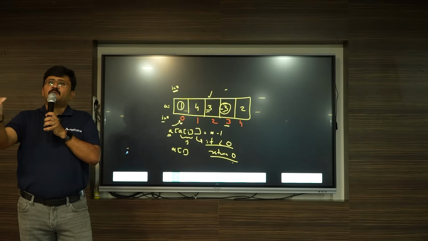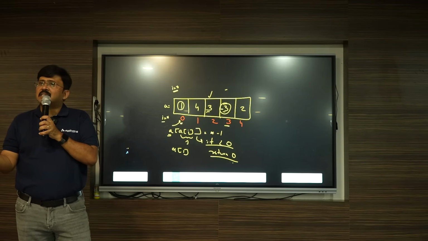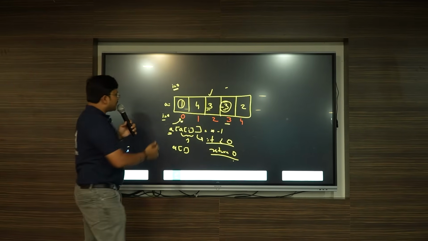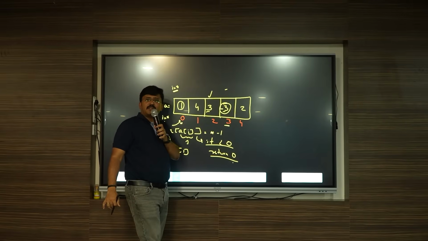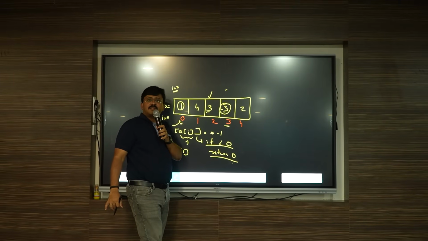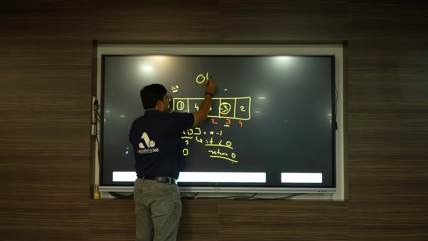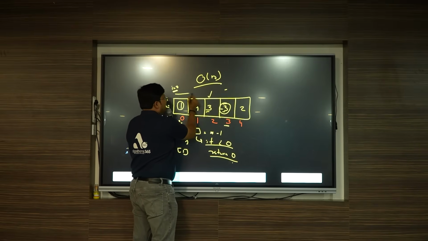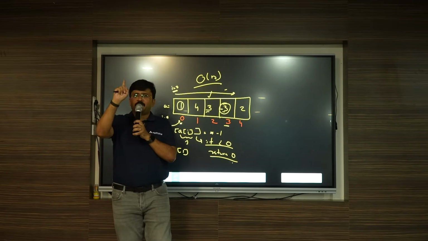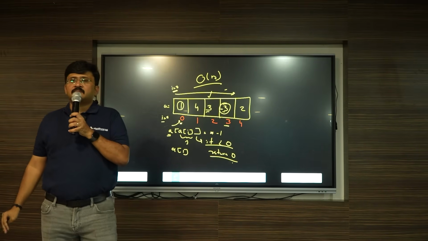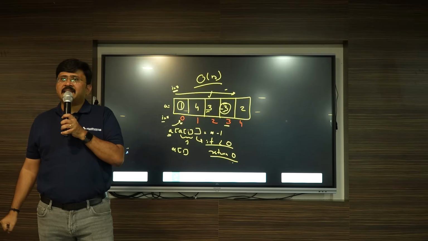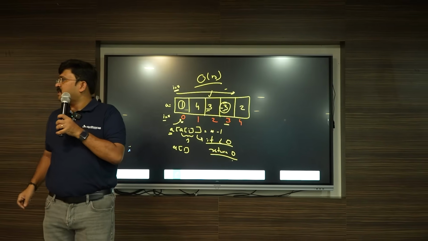If there is a duplicate, you return true, otherwise you return false. That's it. What is the time complexity of this algorithm? It is O of n, because you are only scanning it from left to right one time. Is it clear now? Is it clear?